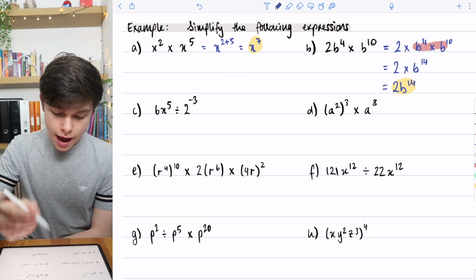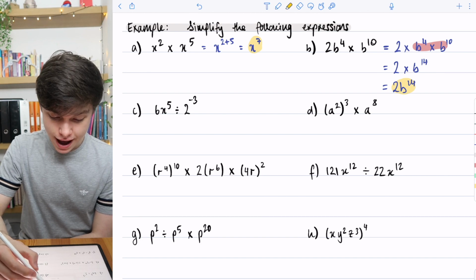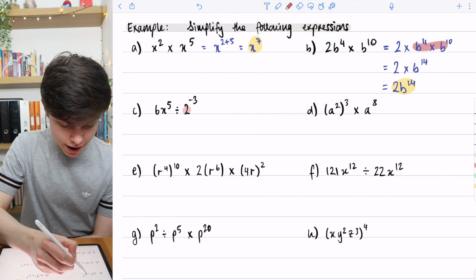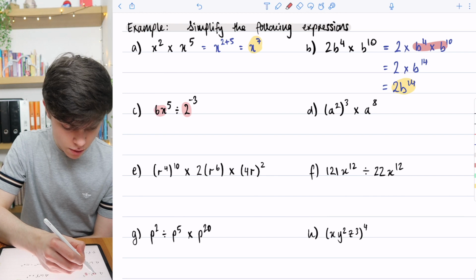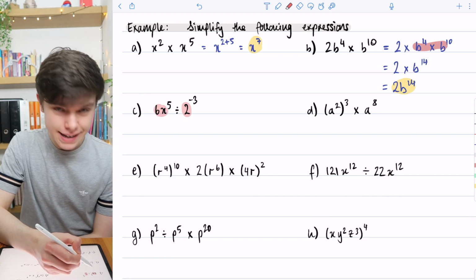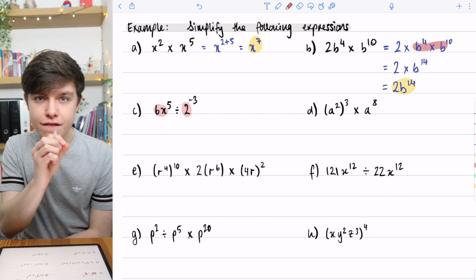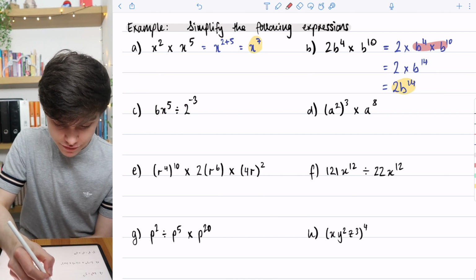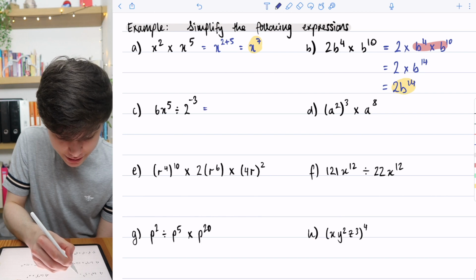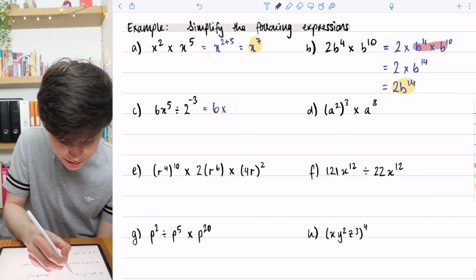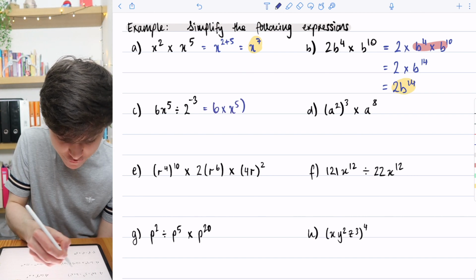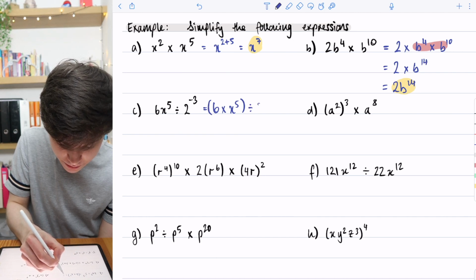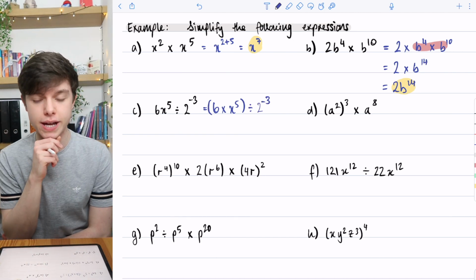So, again, we're looking at the bases. If I highlight the bases here in red, we can see there's my base 2, and my base is 6x. But actually, the 5 does not belong to the 6, because remember, if I just get rid of the highlight, what I can do is I can say that's the same as 6 times x to the 5, and then all divided by 2 to the minus 3.